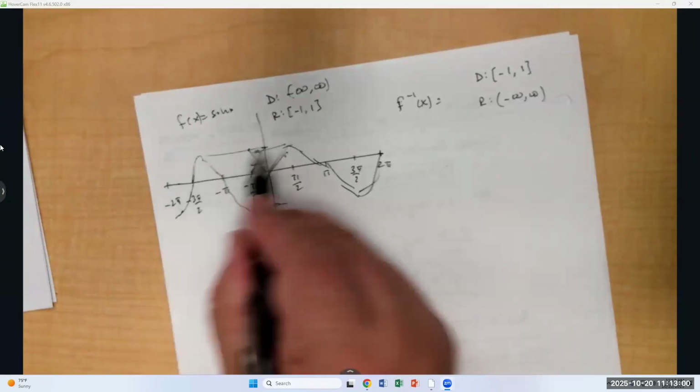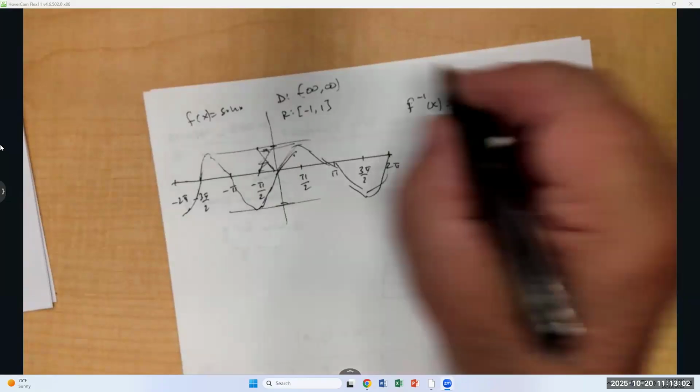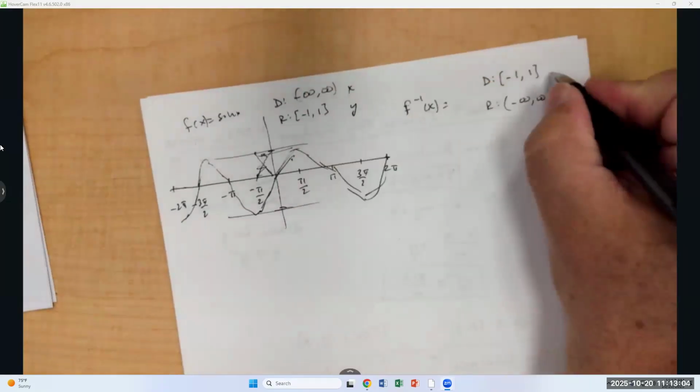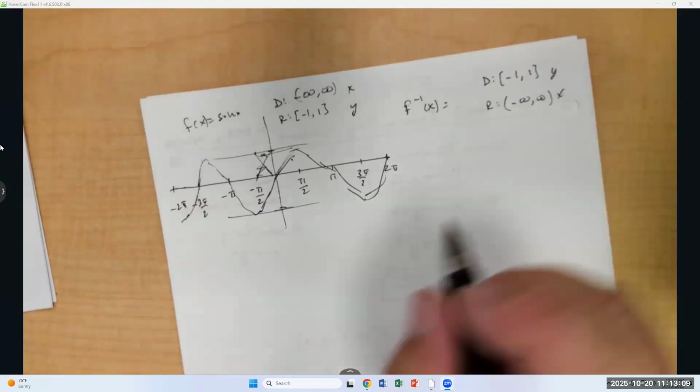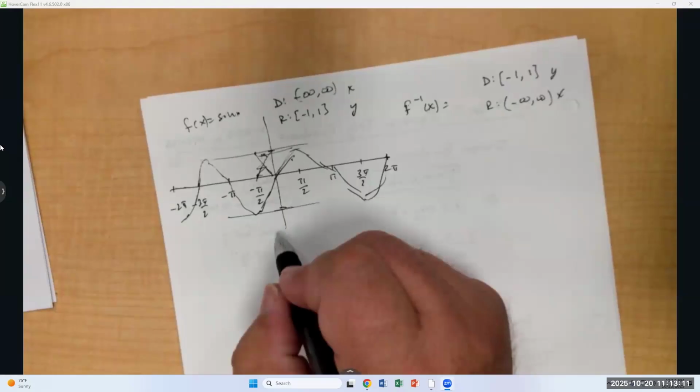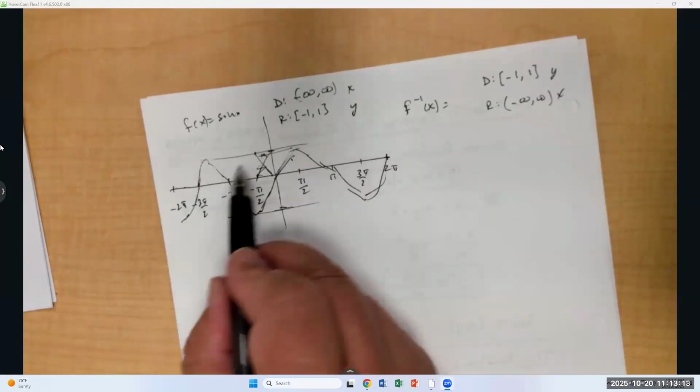Yeah, because it has to fit within our x's and y's. So the x's here are now the y's there. So the range is from negative infinity to positive infinity.